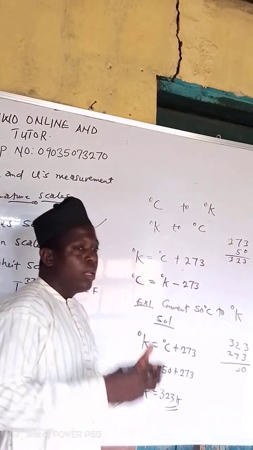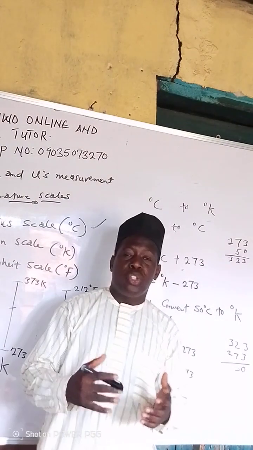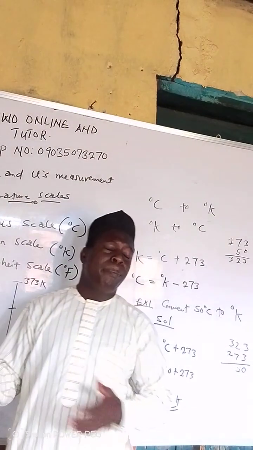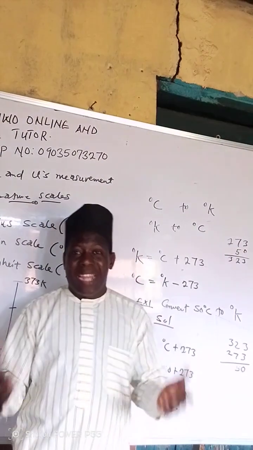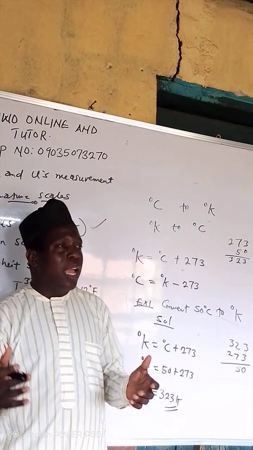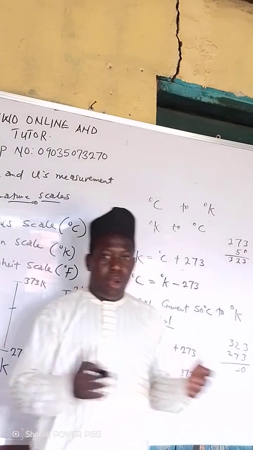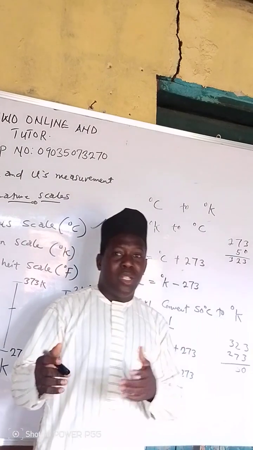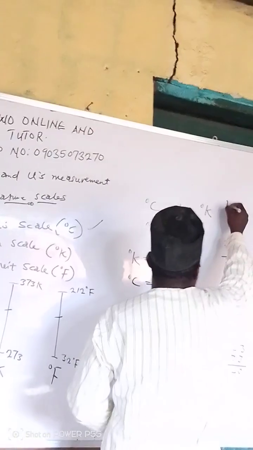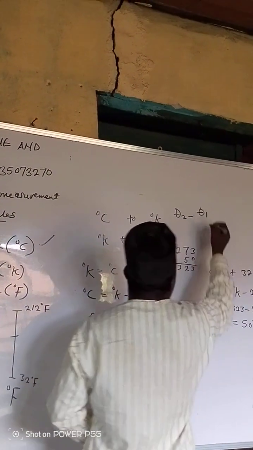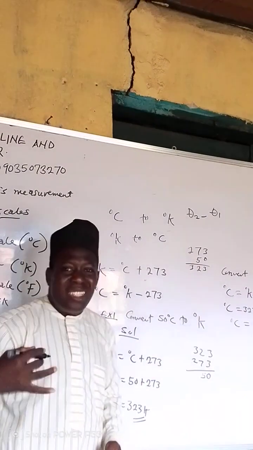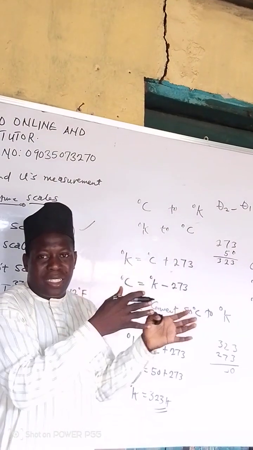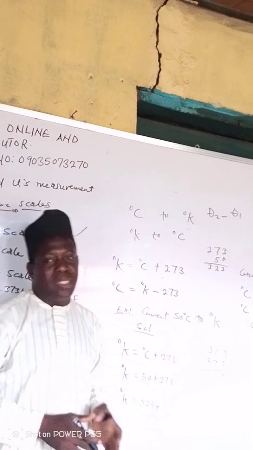They ask for the temperature change. In thermal expansivity, for linear expansivity we have change in temperature, which is theta 2 minus theta 1. Whenever you have change in something, it means the highest number of that subtracted from the lowest number.